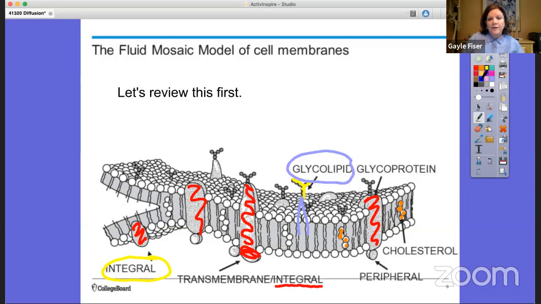And then we have another one, a glycoprotein, and it's attached to this protein. The glyco part is the carbohydrate part, and then the protein is underneath it. And then I think we covered everything, and you know the phospholipid bilayer.